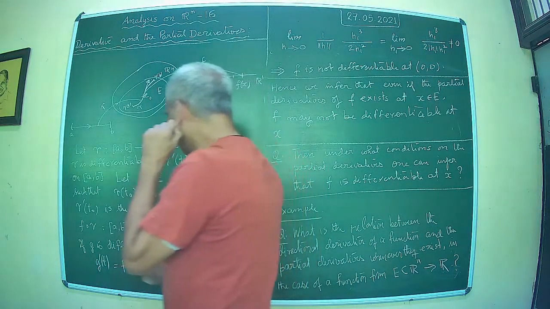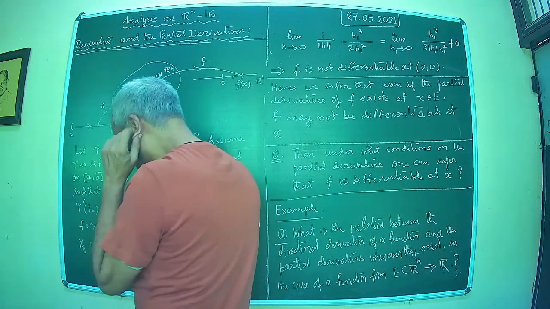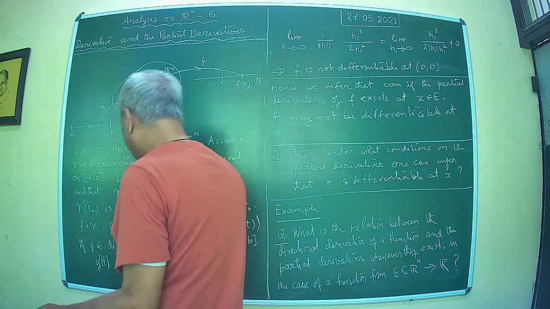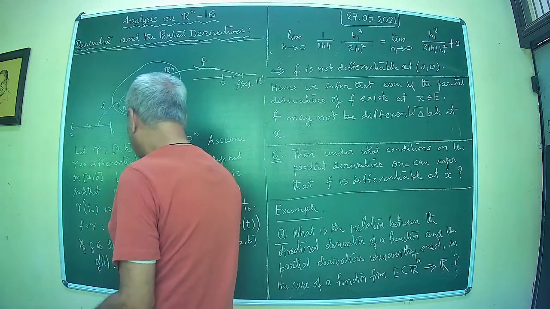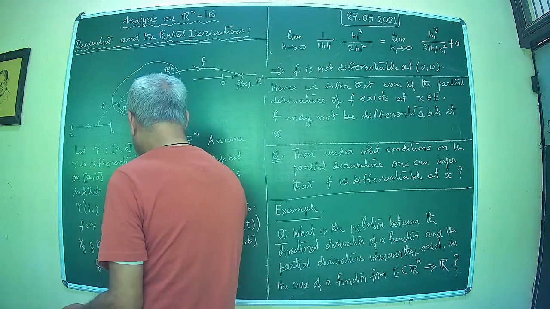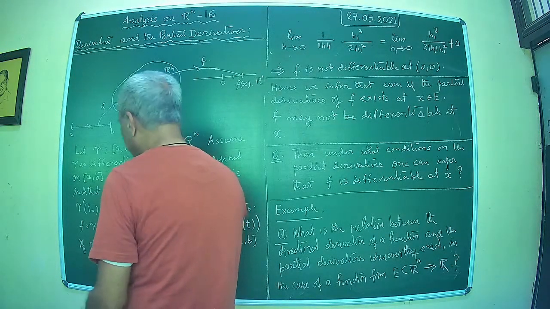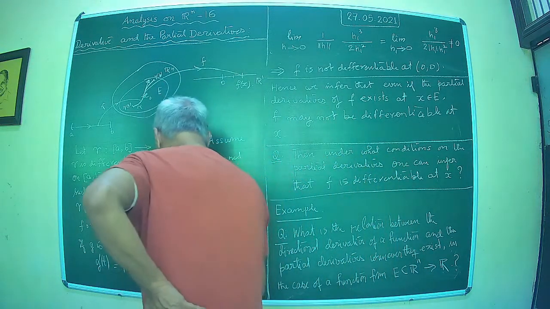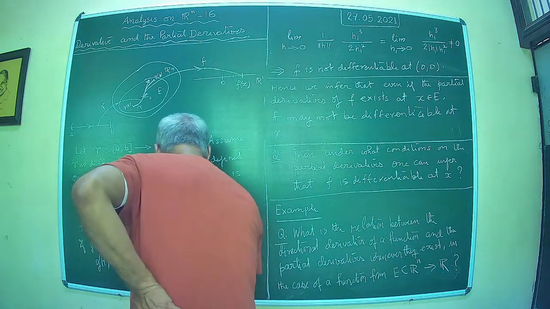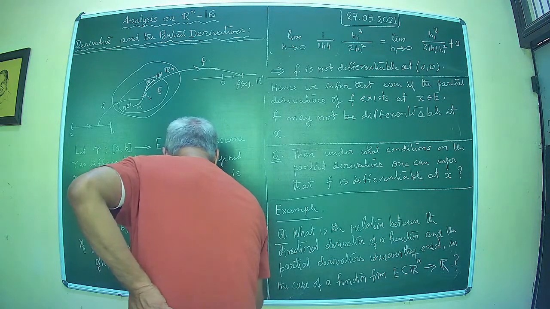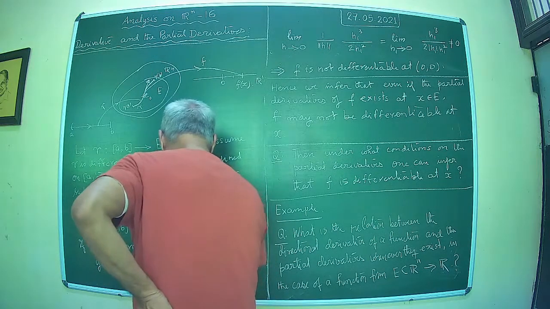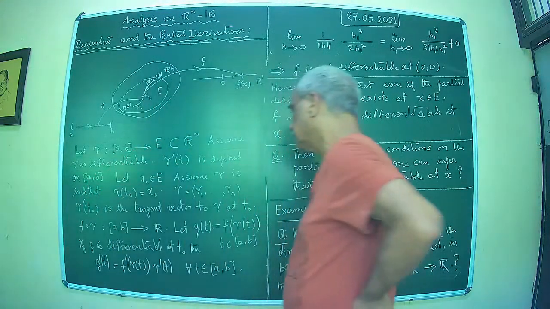Therefore f prime gamma t acting over gamma derivative of t is an operator from R1 to R. So this is for every t belonging to AB, provided of course all these derivatives do exist. Okay.